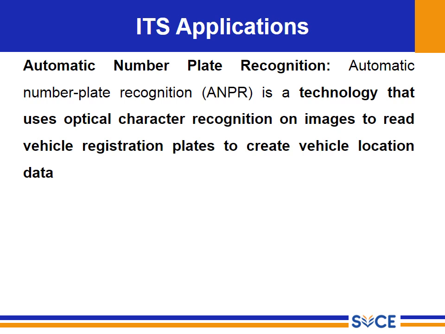For example, over speeding: instead of 30 kmph, a vehicle going at 40 or 50 kmph, it automatically records the registration number using optical character recognition on images to read vehicle registration plates and create vehicle location data. Later you can penalize such vehicles to ensure safety. Not all over-speeding vehicles will cause accidents, but people are aware that if the vehicle goes at high speed, they will be penalized.